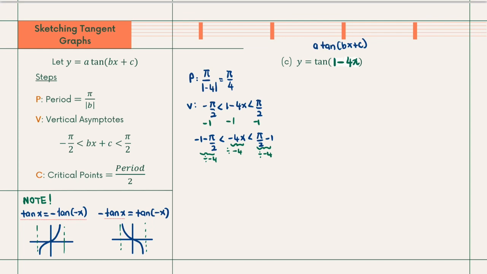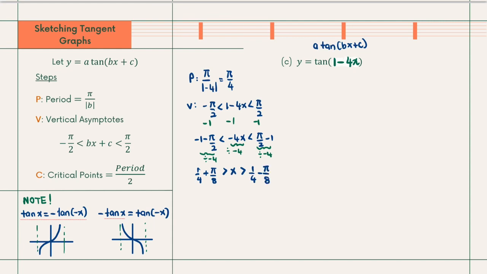So, negative 1 bahagi negative 4 dapat 1 over 4. Negative pi over 2 dibahagikan dengan negative 4 dapat positive of pi over 8. So, sebab bahagikan dengan negative 4 kan, so dia akan jadi greater than x and greater than. So, kat sini kita ada 1 over 4 minus pi over 8.